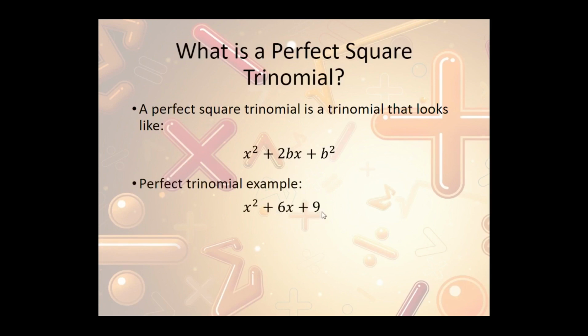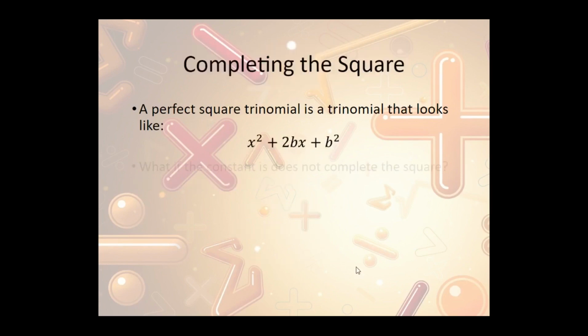We know that 9 is 3 squared, and 3 times 2 is 6, so this is a perfect square trinomial. When we factor this, we recognize that this becomes x plus 3 times x plus 3, or x plus 3 squared. We'll look at another example.